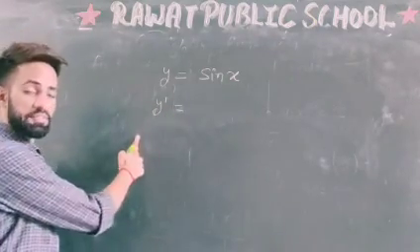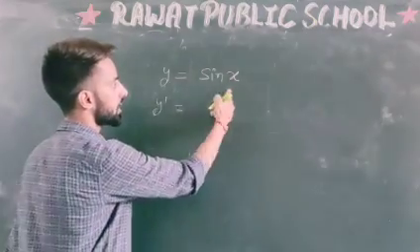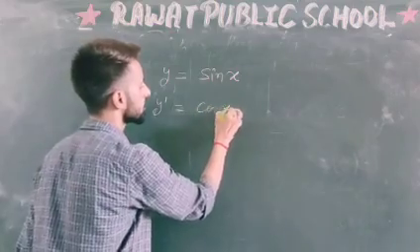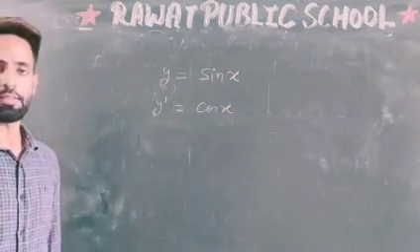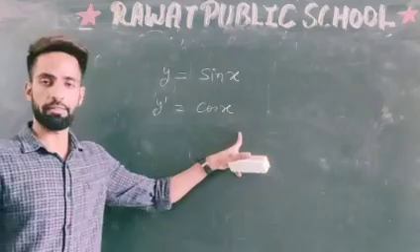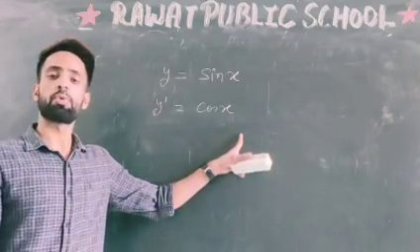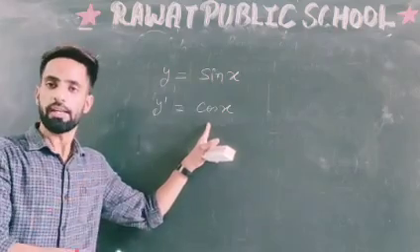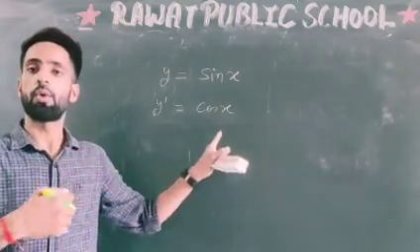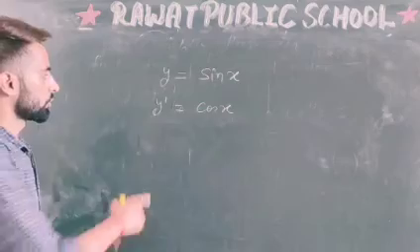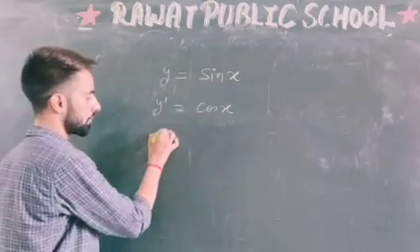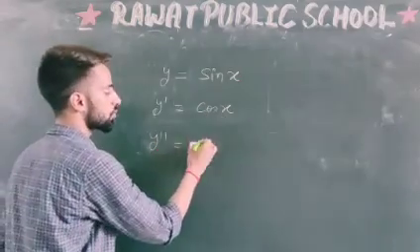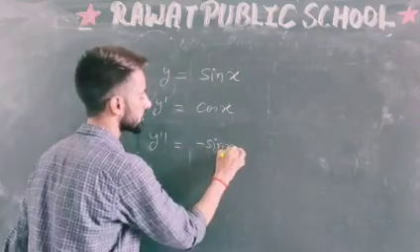If I have differentiated the left side, differentiate the right side. Sin x, the differentiation is cos x. Now this is the first order derivative. Let's move to the second order derivative. That means this differentiated result will be differentiated one more time. So this y dash will become y double dash and cos x will become minus sin x.